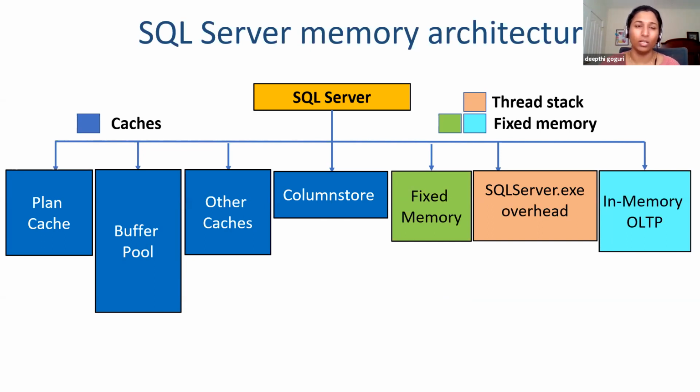Let's take an example here, the plan cache. The stored procedures which are stored inside the plan cache, the query text behind the stored procedures is stored inside the system tables. That's the backing mechanism for it. Let's take the buffer pool. The data pages stored inside the buffer pool are saved as the database files inside the disk subsystem.